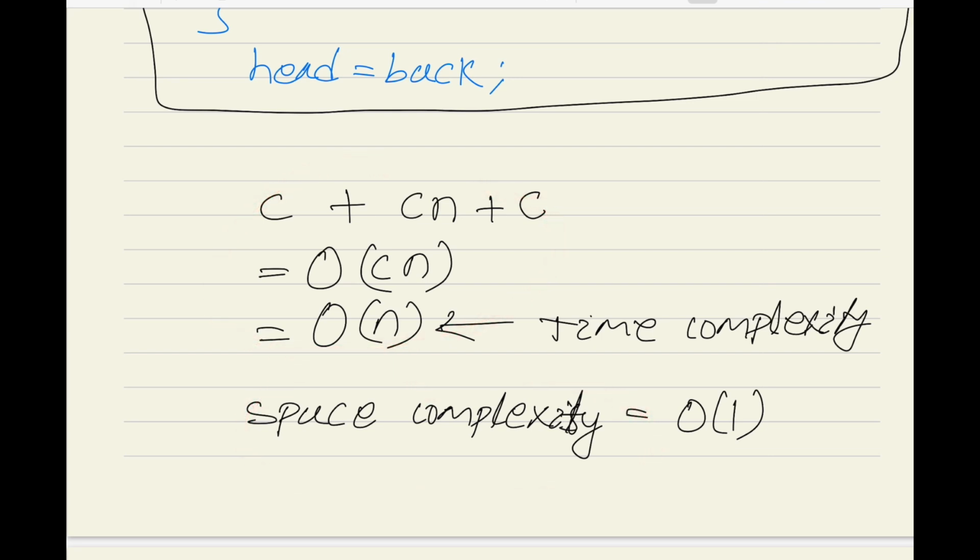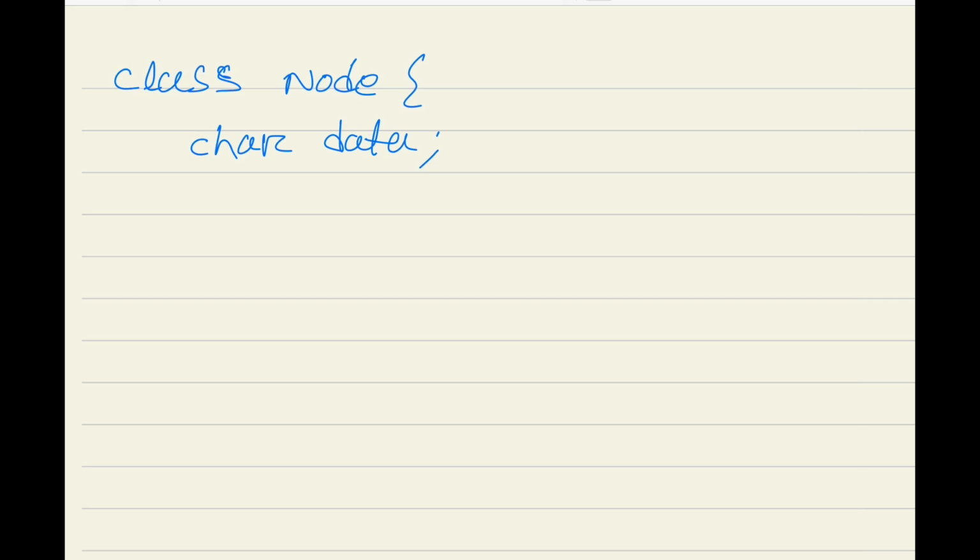So now we will write a complete program for its implementation. So now we are going to write the code for the implementation of the iterative approach to find the reverse of a linked list. So for this we can write a class and assume the name of the class is node, and it has one attribute data of type char and another attribute next of type node, that is going to refer to another node.